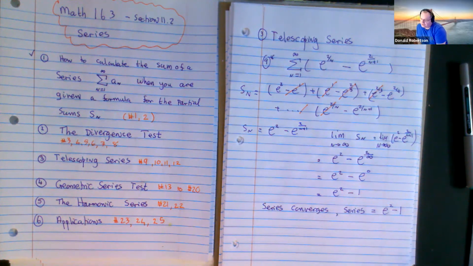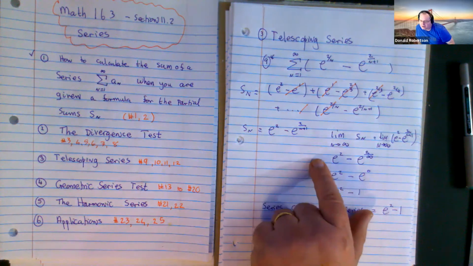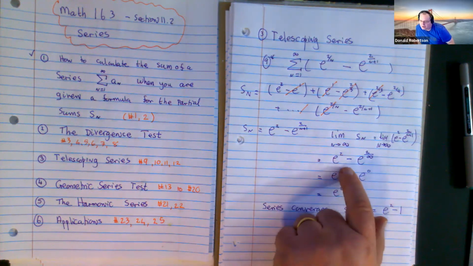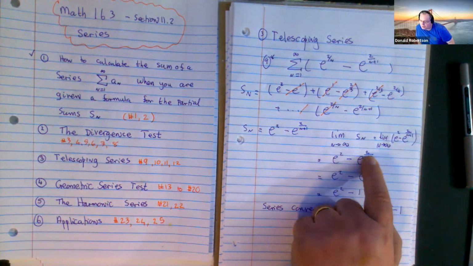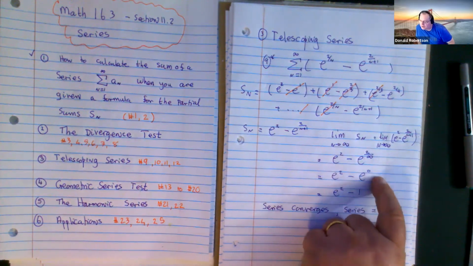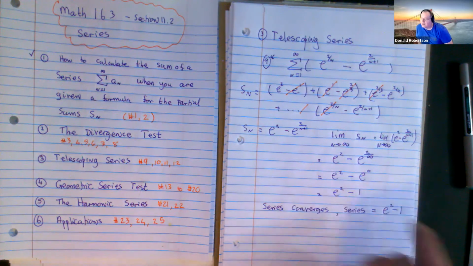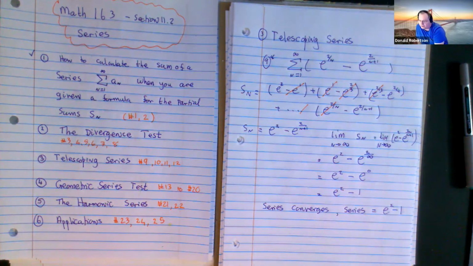So what would a diverging one look like? Can you imagine a different world, a different story where this thing was infinite? When you have e squared take away infinity, the answer is some version of infinity. Well, if the partial sum goes to infinity, doesn't the series diverge? Because it adds up to infinite, and that's how you would know.